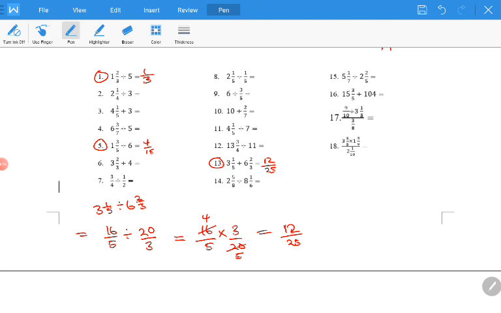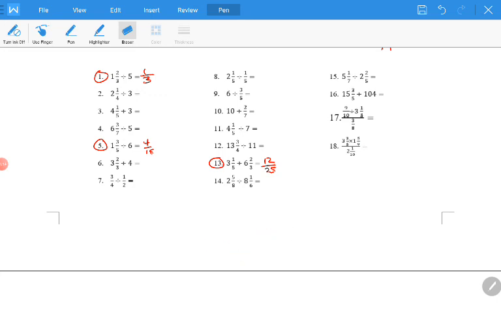Now let's look at our last question. And for our last, we are going to pick a bigger expression, which is question 17.